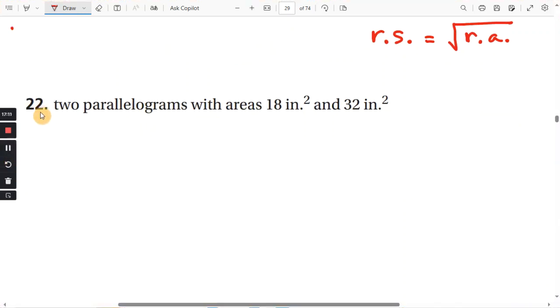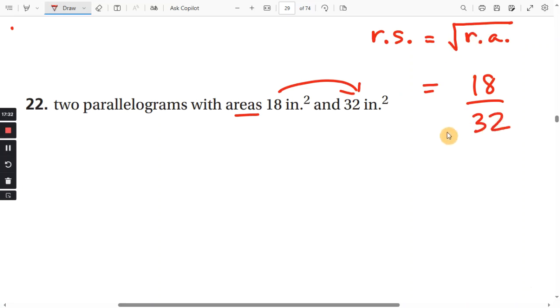All right, please pause and try number 22. So we said the ratio of the sides is the square root of the ratio of the areas. Okay, they gave us the ratio of the areas right here. So that's going to be 18 divided by 32. And we're taking the square root of that whole thing. Let's reduce first before we take the square root.